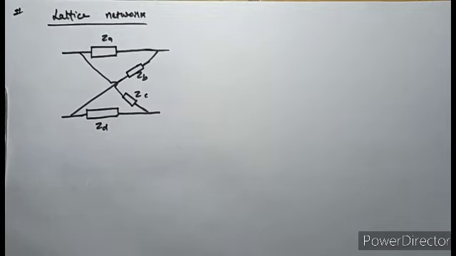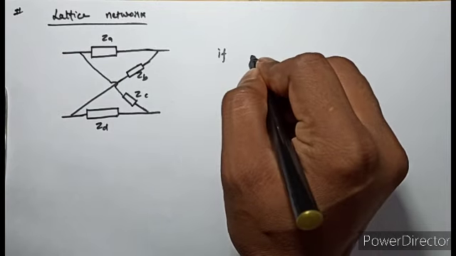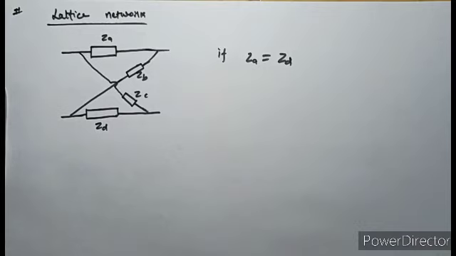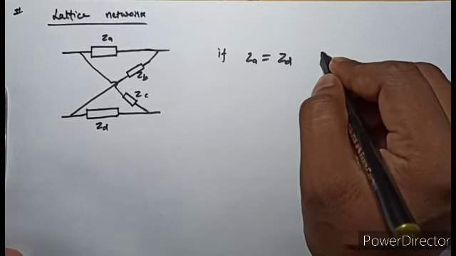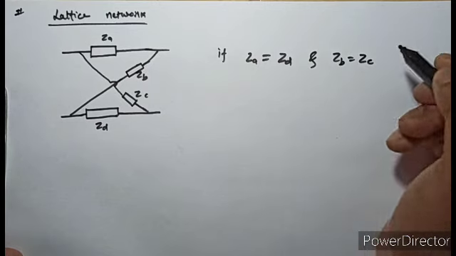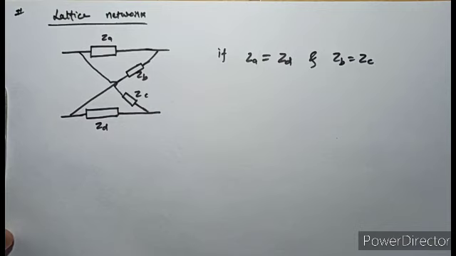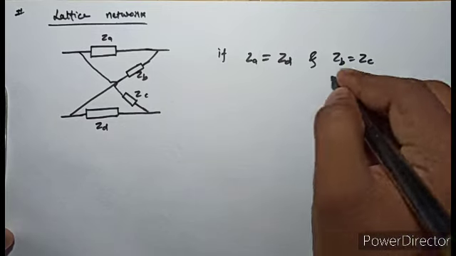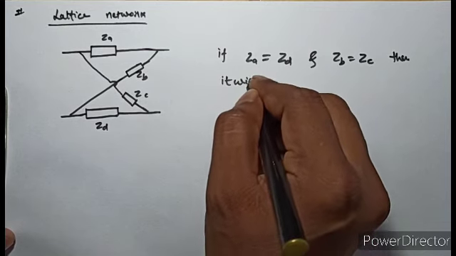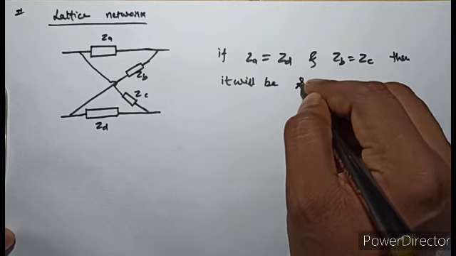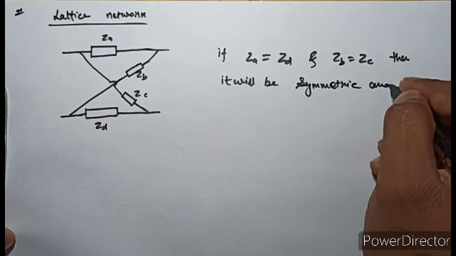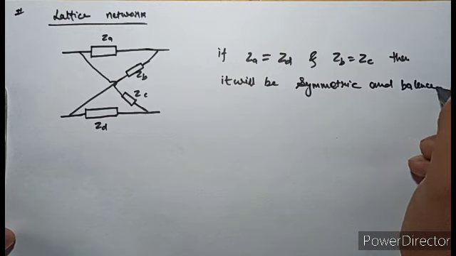Now if ZA is equal to ZD, means if the two series arms have the same impedance, and ZB is equal to ZC, means the two diagonal arms have the same impedance, then it will be symmetric as well as balanced.